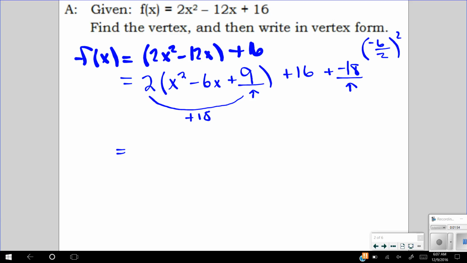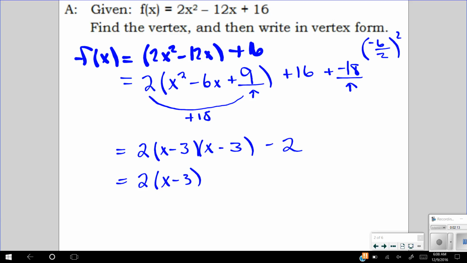So what this has allowed me to do is create a perfect square trinomial, which can now be factored. Factors of 9 that add up to negative 6 are negative 3 and negative 3. 16 plus negative 18 is negative 2. And now I can just write this as 2 times (x minus 3) squared minus 2.